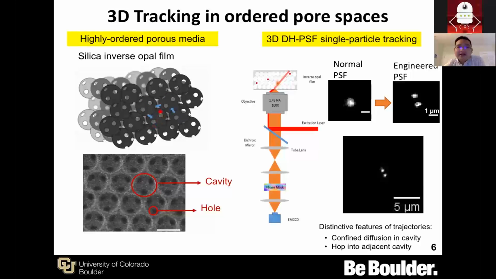This is, for now, already a very well-developed method. If you Google 3D tracking and double helix point spread function, you will find a lot of papers that discuss how to use this method very comprehensively. They even have equipment you can directly purchase; it is commercially available.